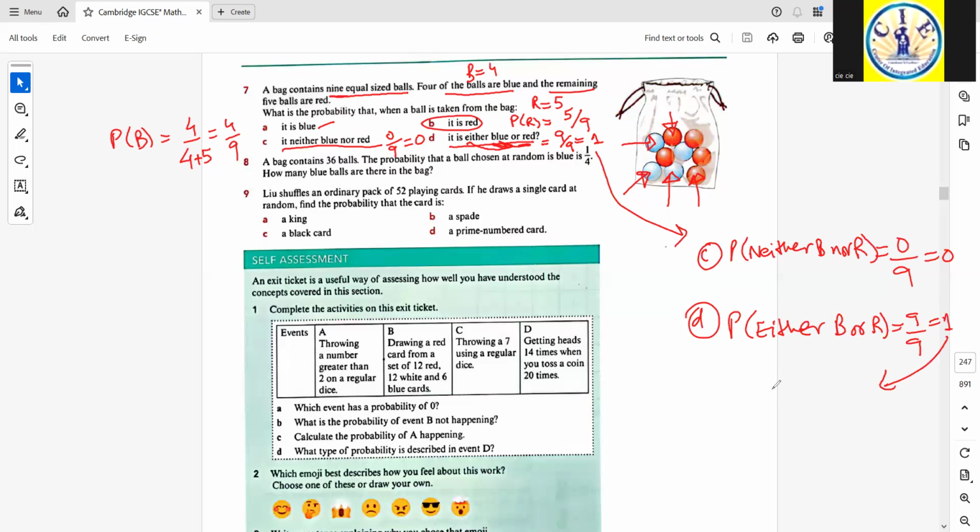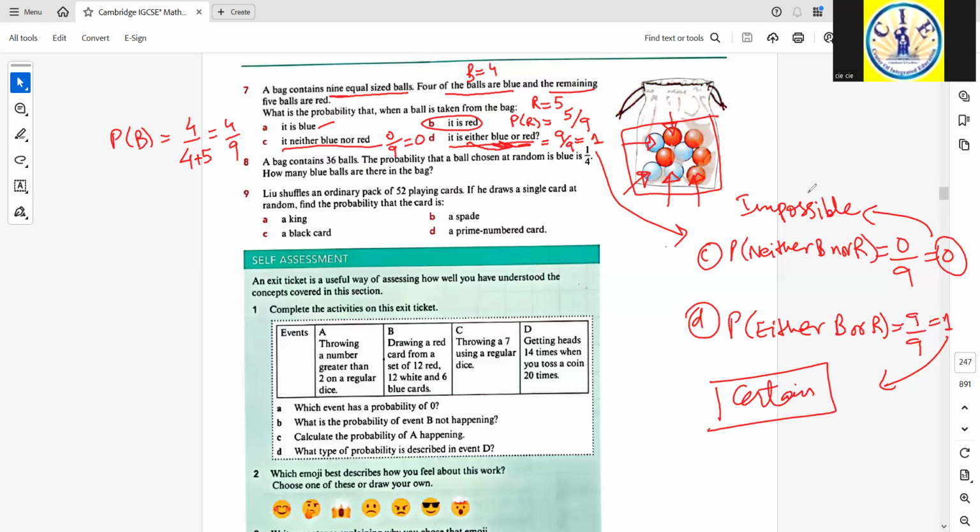So as we were discussing, this is the certain event and this is going to be the impossible event. Like it is impossible to choose a ball from this bag which is neither blue nor red. And this is for sure that any ball chosen from this bag would either be a blue or a red colored ball. So I hope I have made this concept clear.